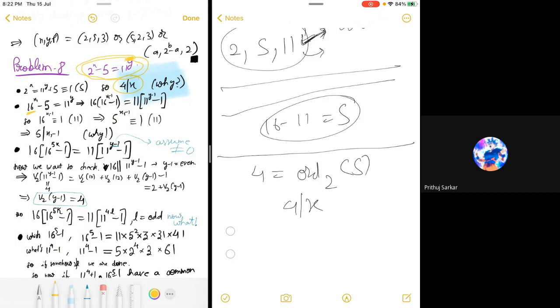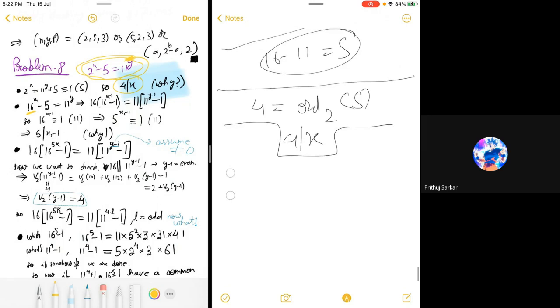Now, because we know that there already exists a solution, what we usually do in these situations is write 5 as 16 minus 11. Then the solution will just be the degeneracy case of this equation. By degeneracy, I mean that both left and the right hand sides will be 0.